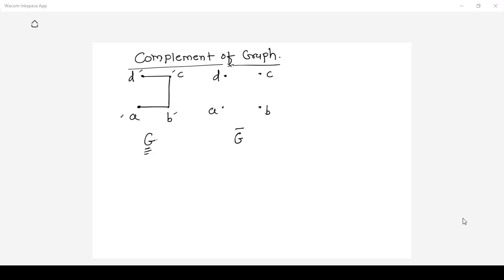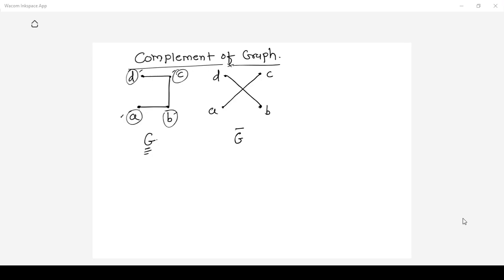Like vertices A and C are not adjacent. Vertices A and C are not adjacent in G. They become adjacent in its complement. So A to C I will have an edge. Now next. So vertices B and D are also not adjacent, so they become adjacent in its complement.